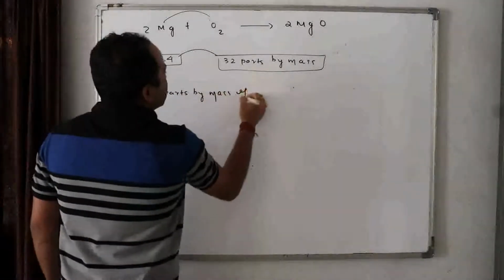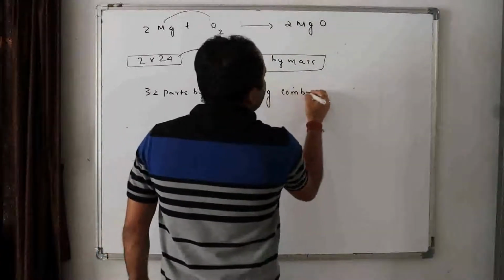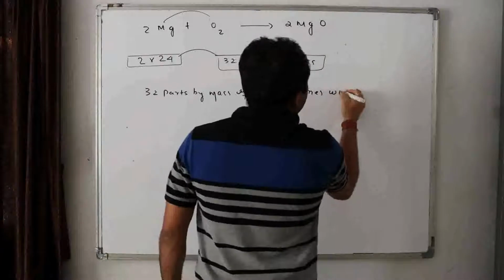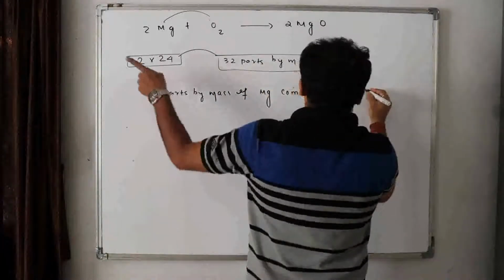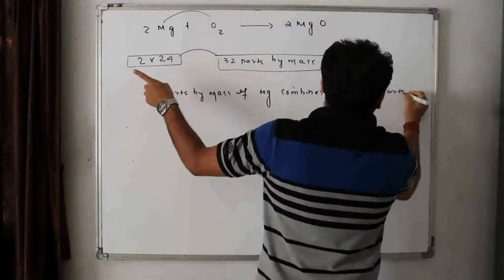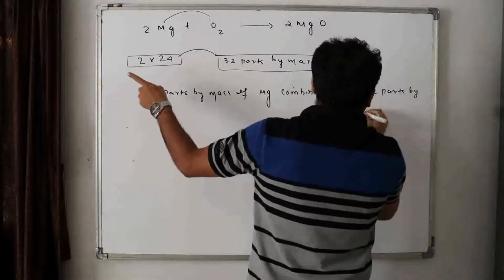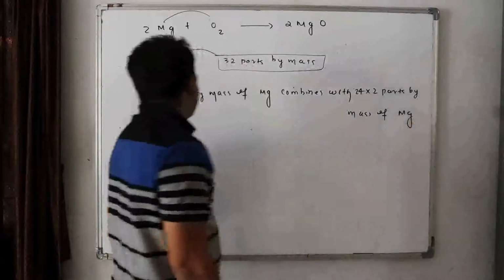Now 32 parts by mass of oxygen combines with how much? 24 into 2 parts by mass of magnesium, isn't it?